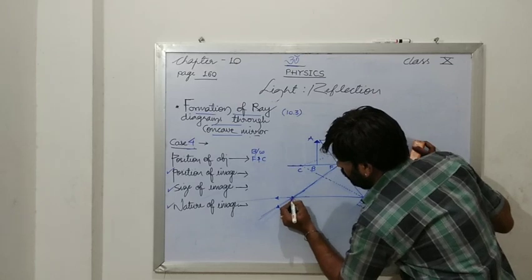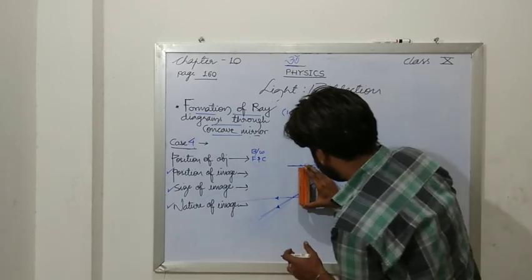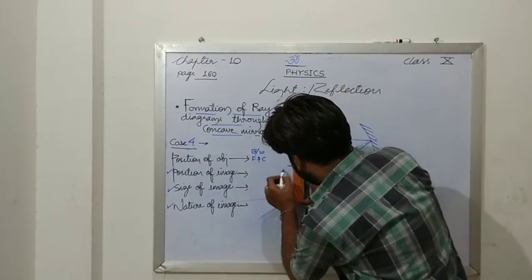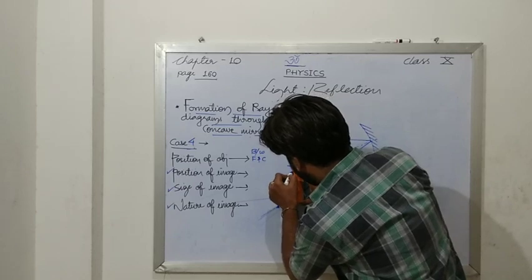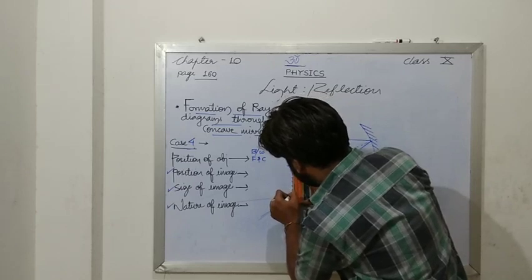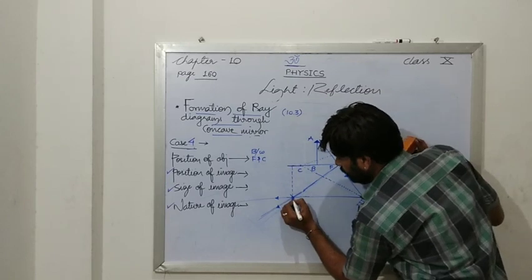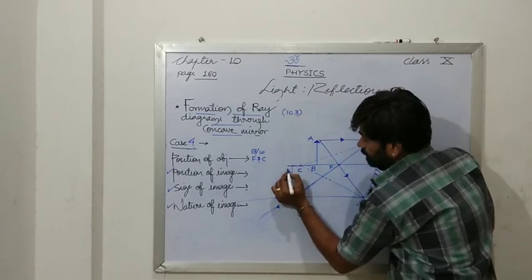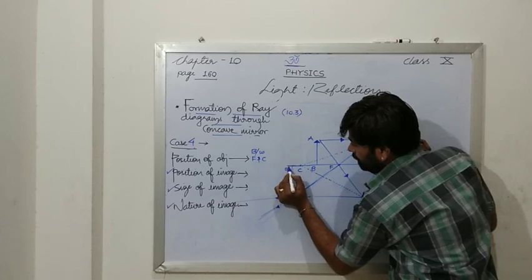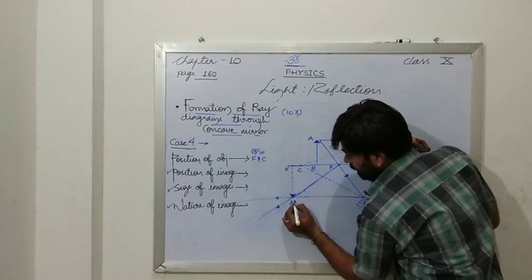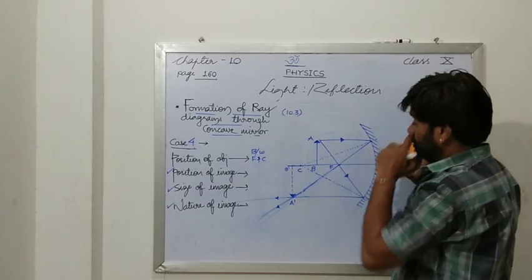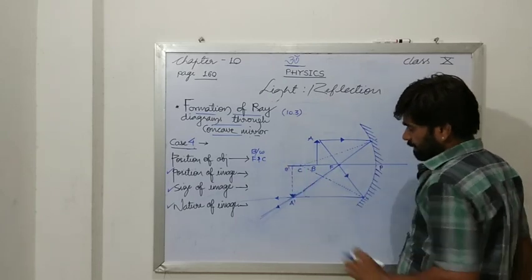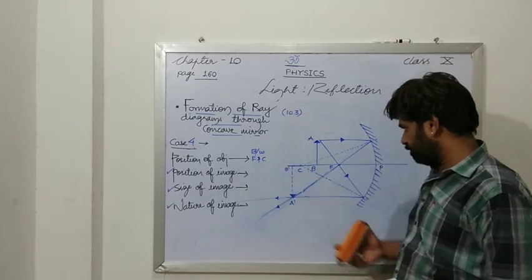So we are going to do the same thing here again, with dash lines, and this is going to be our image. Again, it is inverted, because if this is B, this will be B dash, and this is A, this is A dash. Now this time you may see that the image size is quite bigger than that of the object.